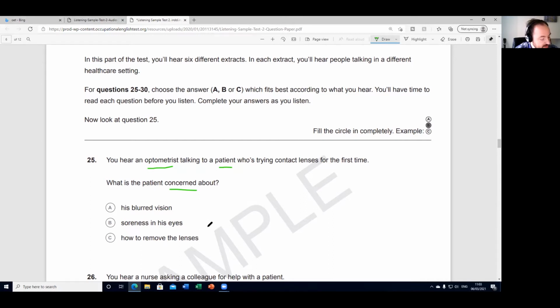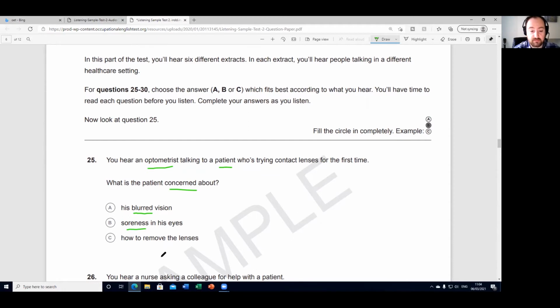So here we have A, B, and C, and we need to decide what is the key message here. For each option, what's the key word, or sometimes words, that's really going to help us focus on what we're listening for. So obviously in A, it's blurred. That's something that we have to listen for. We know this is probably specific information. We know this is a key word, so we should be listening for paraphrases for this. In B, the key word is soreness.